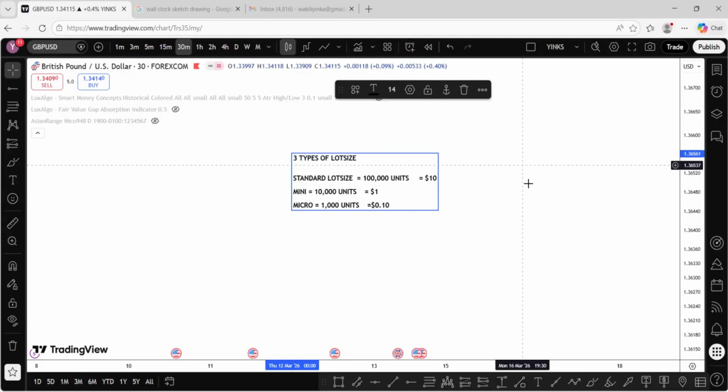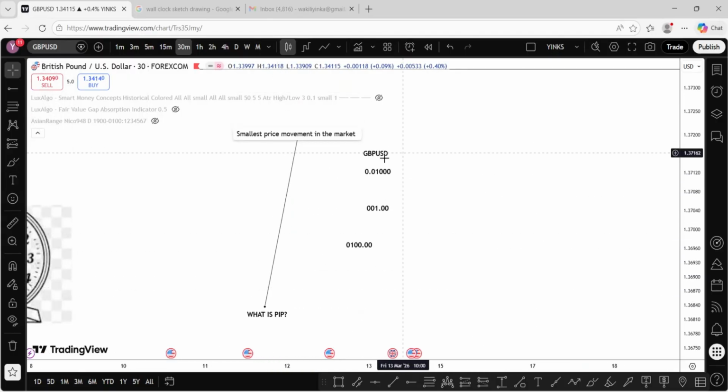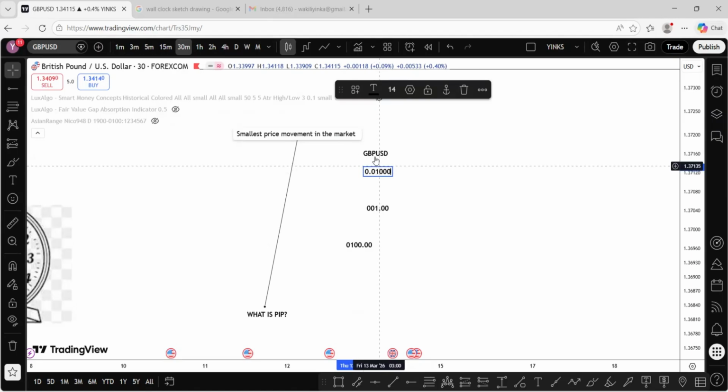For the market to move one step, that's 1 pip.